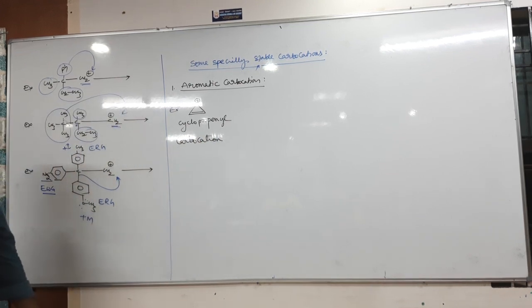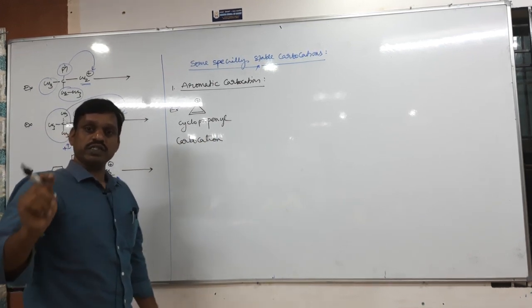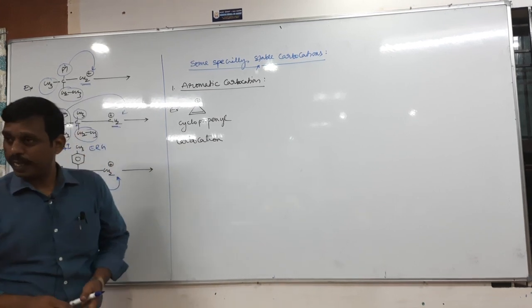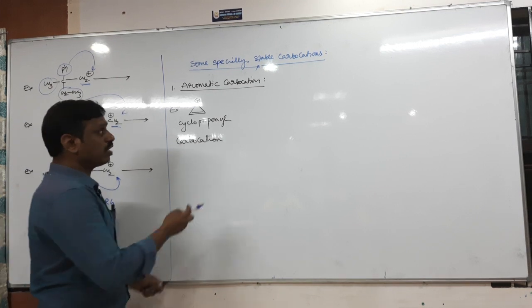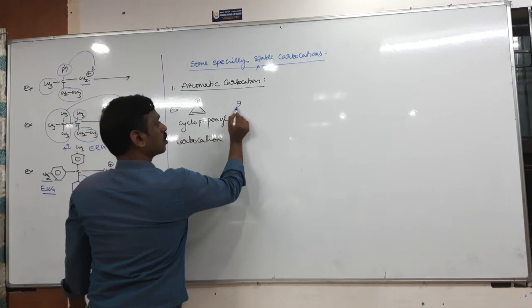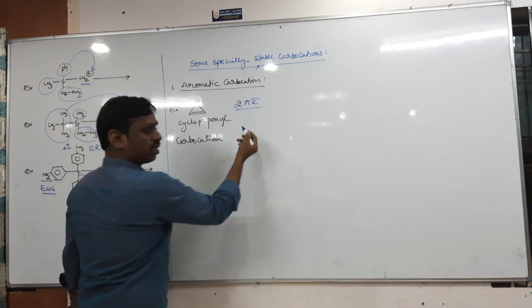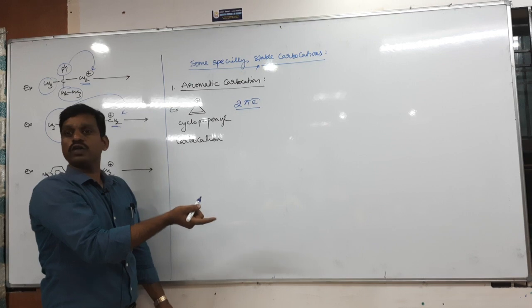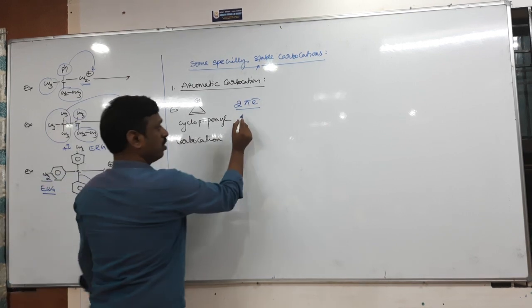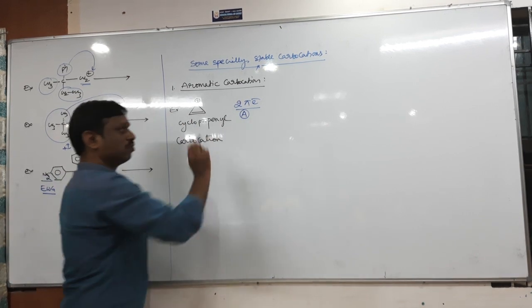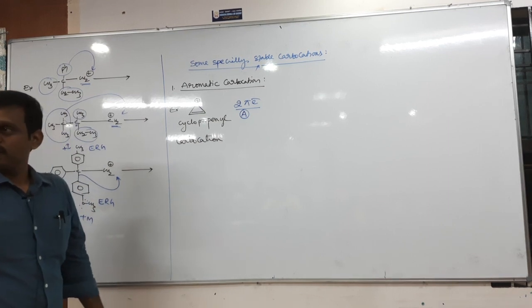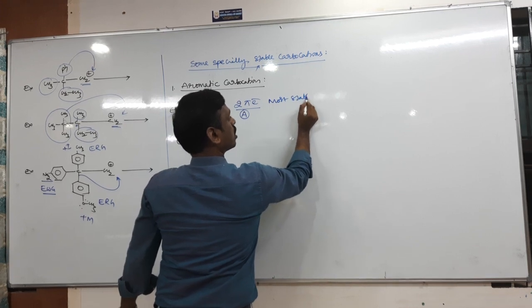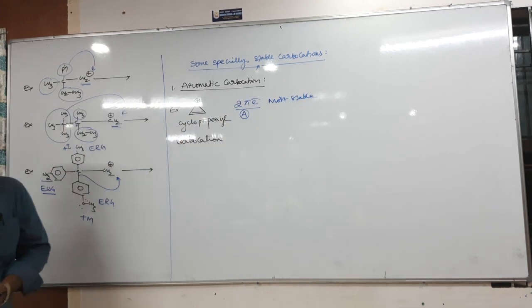Now the question is, is the cyclopropyl carbocation stable or unstable? It is exceptionally stable. Why? Aromaticity. It is aromatic. So how many pi electrons? 2 pi electrons, and it is cyclic, having planarity, it obeys Huckel's rule. Therefore it is aromatic, therefore most stable. Right? So wherever an aromatic carbocation comes, it is most stable.